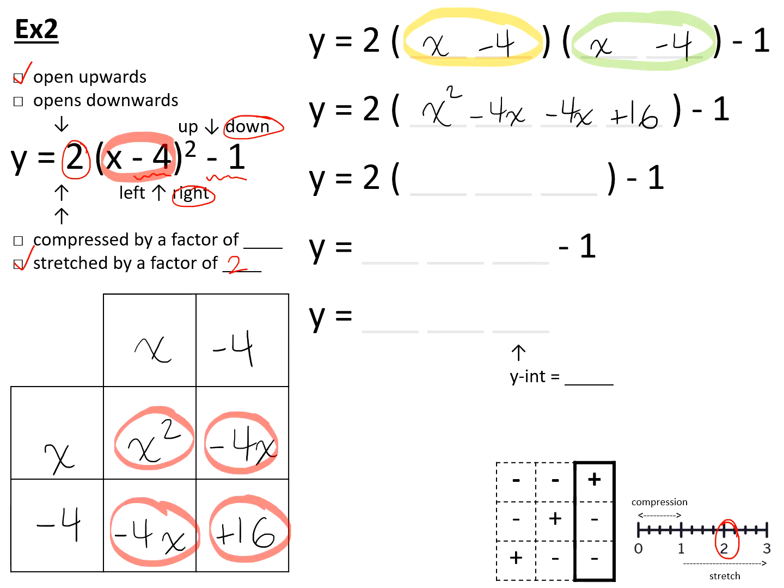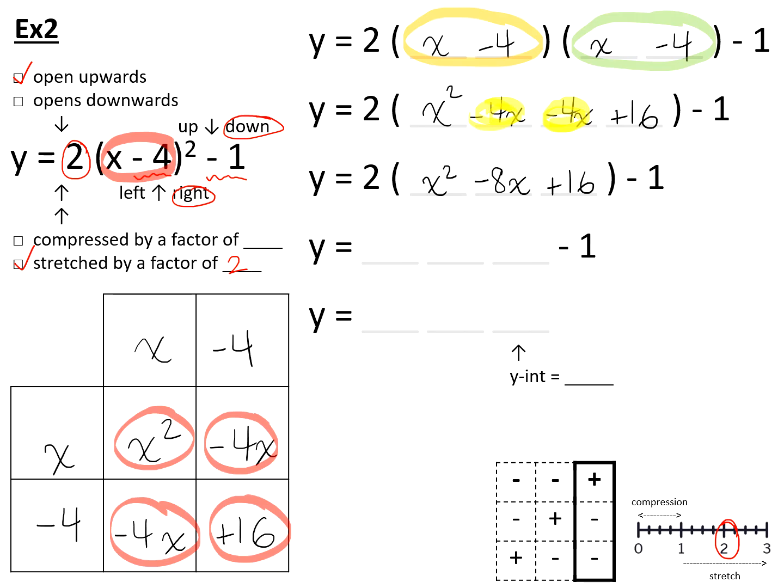I'm going to take these 4 terms and copy them into the brackets over here. You'll notice that we have some like terms, -4x and -4x. That simplifies to -8x. The positive 16 and the x squared stay exactly the same.